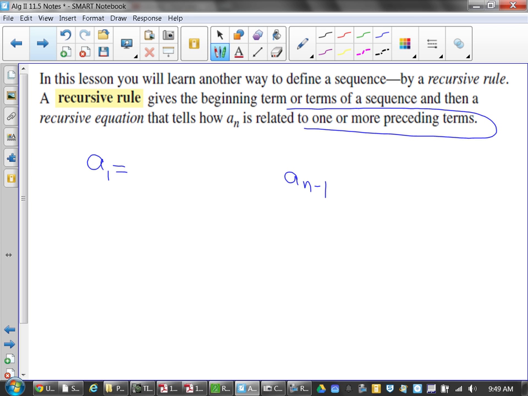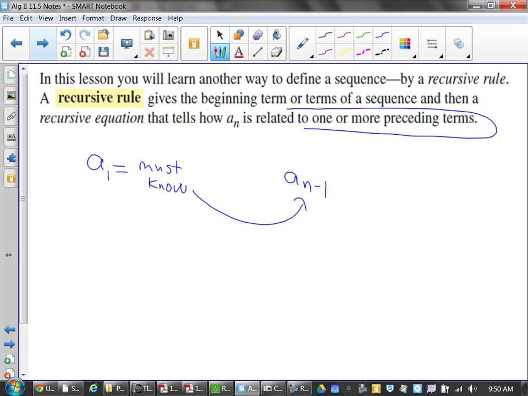We're going to write it about the term preceding it. So you have to know what your first term is in order to do this, okay? Once again, this is really scary looking for a very simple task.